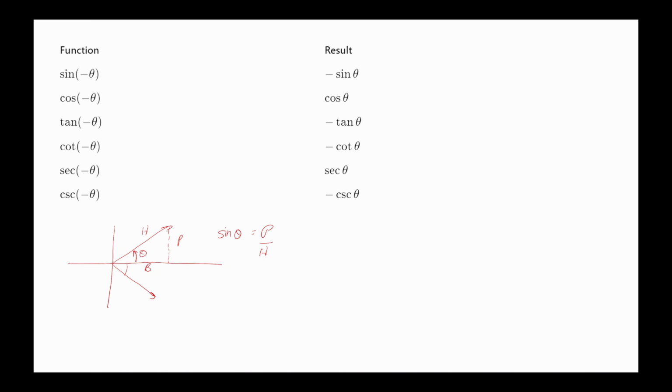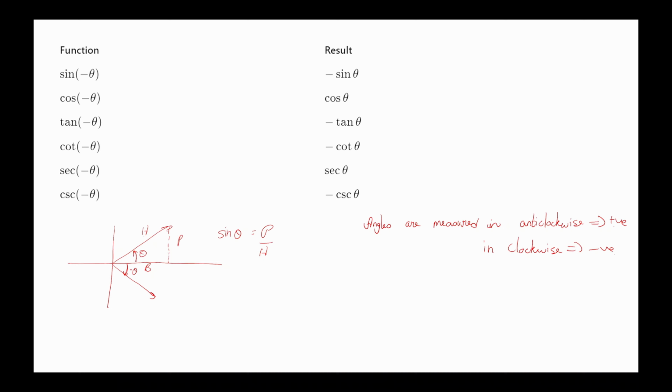Now remember one thing: angles measured in the anti-clockwise direction are positive. If angles are measured in the clockwise direction, they become negative. So if I talk about minus theta, I have to go in the clockwise direction. This becomes my minus theta.